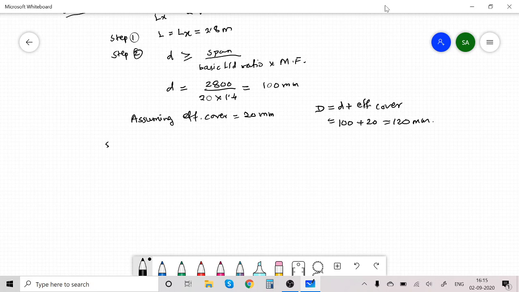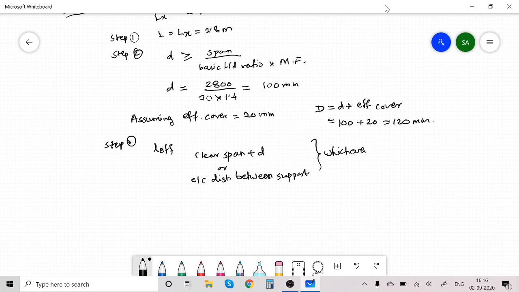Now in step number 3, we calculate the effective span, L effective. L effective is given as clear span plus d, or center to center distance between supports, whichever is less.